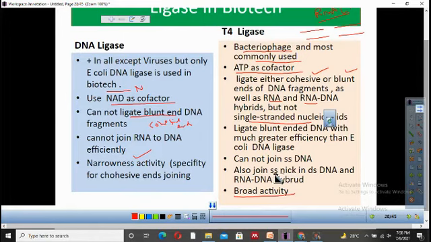It can also join a single stranded nick in double stranded DNA. So if it is double stranded DNA with a nick, it can also be ligated by the T4 ligase. If it is RNA and there is a nick, then that can also be performed.